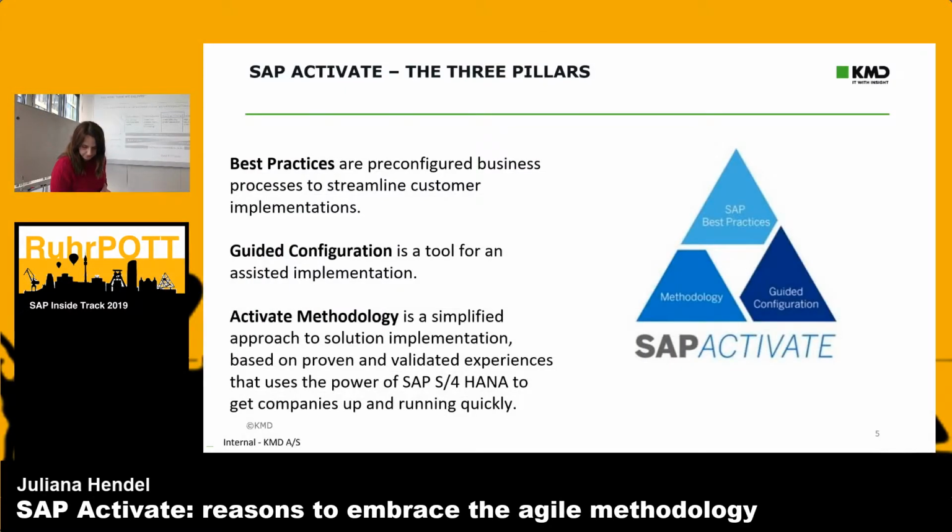Yeah. So this kind of projects, they need a new framework, which is what Activate is. Let me just take you a bit deeper into each component of the framework. We have best practices. Best practices are pre-configured packages, business scenarios that we use to jumpstart our projects. What does it mean?